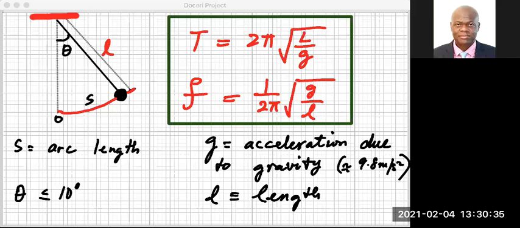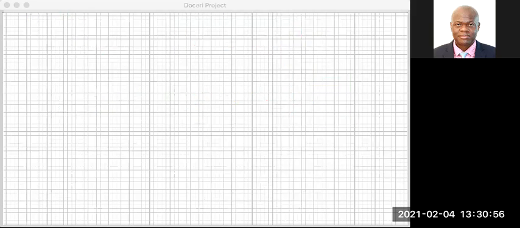Let me write uppercase L just to remove any possibility of misinterpretation. And then here too, I'll do L. Okay, so bear that in mind when discussing simple harmonic motion.